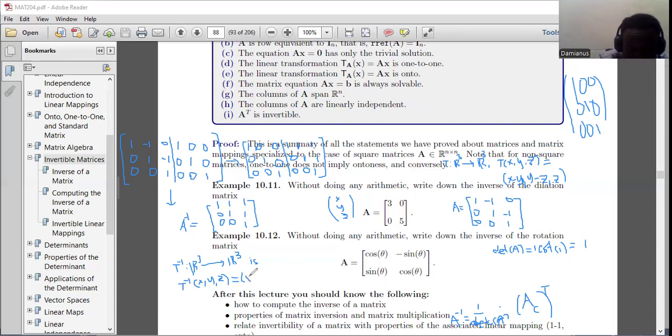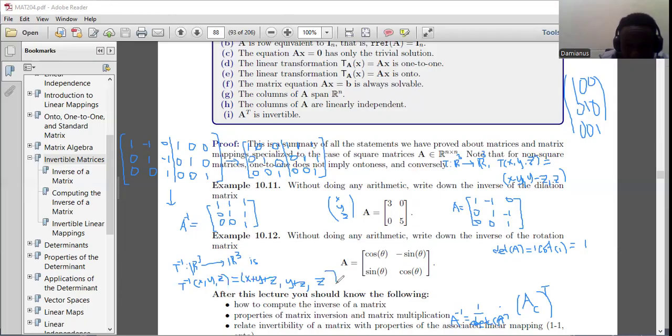This 1, 1, 1 becomes x plus y plus z, comma, next. 0, 1, 1 means that 0 times x is 0x plus y plus z. So it's just y plus z. And lastly, comma, 0, 0, 1. So it just takes it to z.